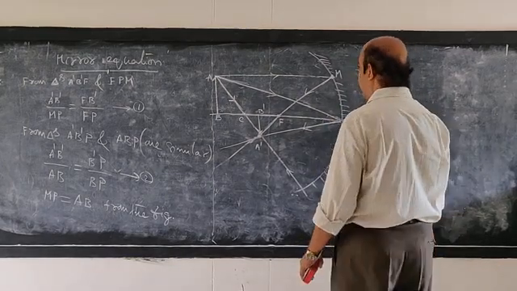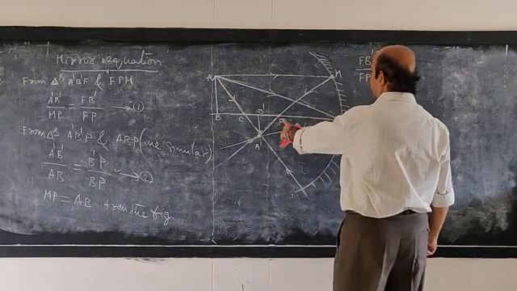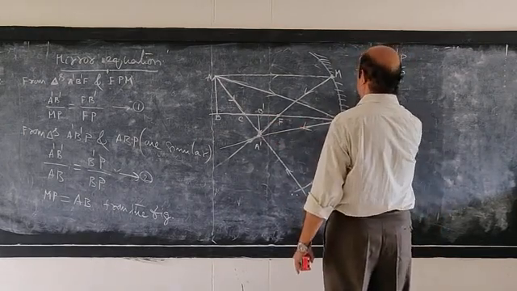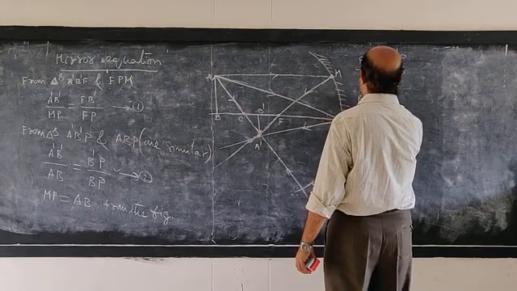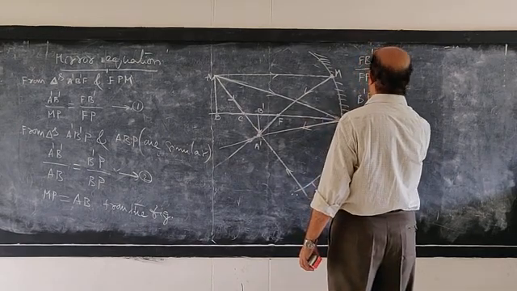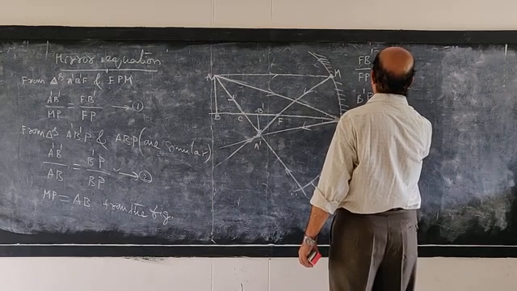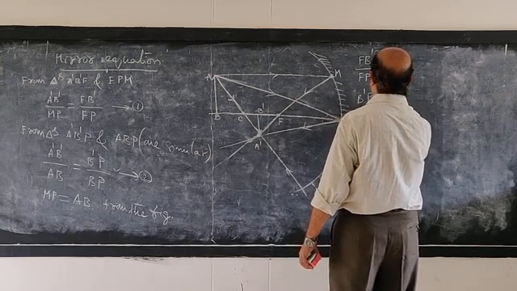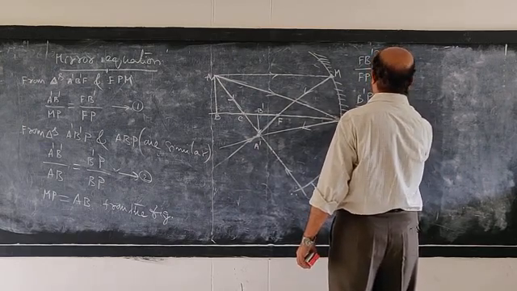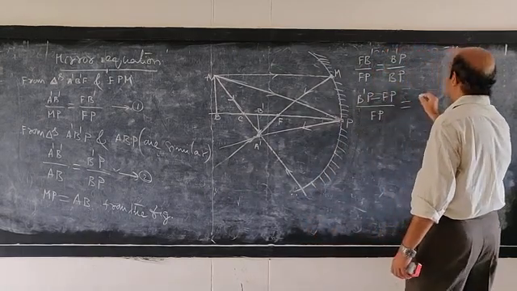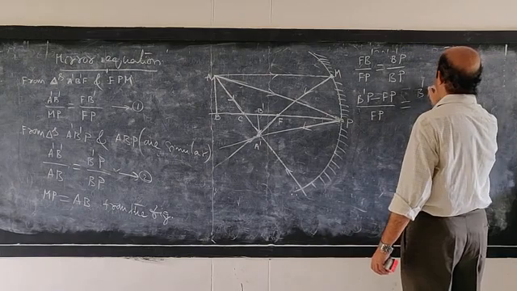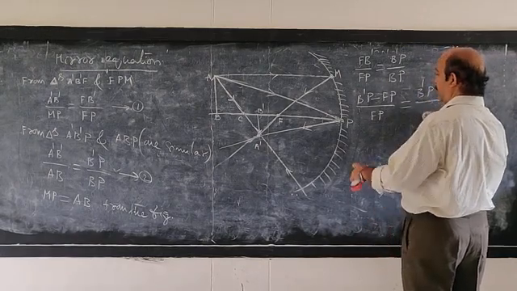So what is FB dash? Let us see. FB dash can be written as B dash P minus FP, by FP, and that is equal to B dash P by BP.